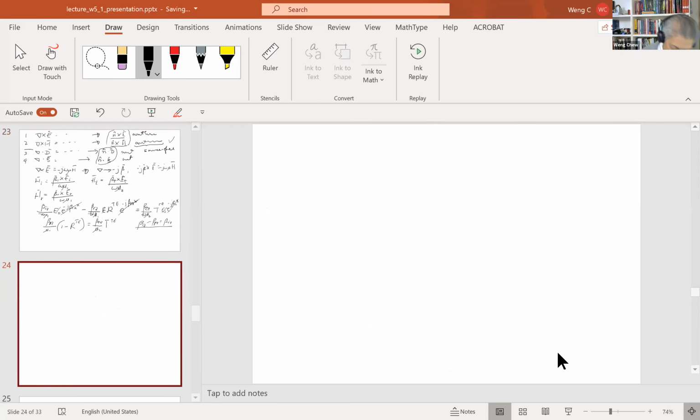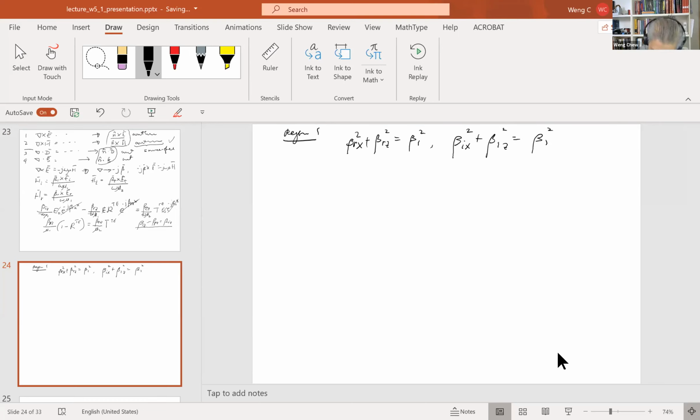What I mean is that in region 1, beta Rx squared plus beta Rz squared must be beta 1 squared, because it is a plane wave in region 1. For the incident wave, that is also the same. Beta Ix squared plus beta Iz squared must be equal to beta 1 squared. And we are already saying that by phase matching, beta Rx is equal to beta Ix.